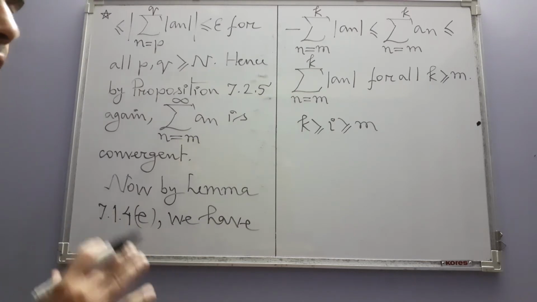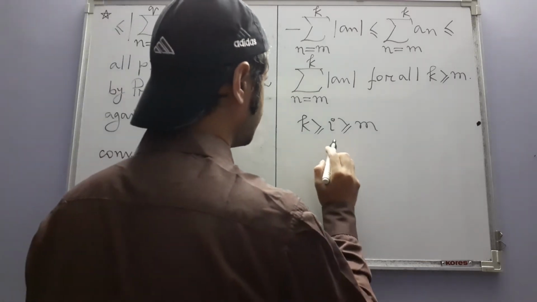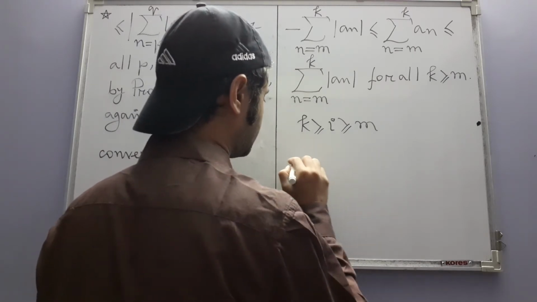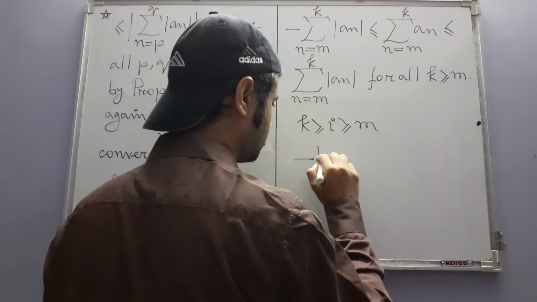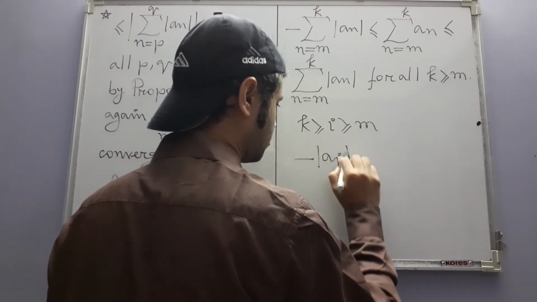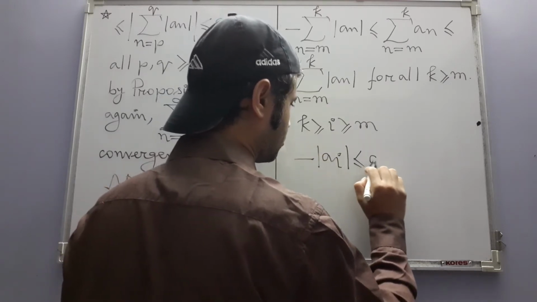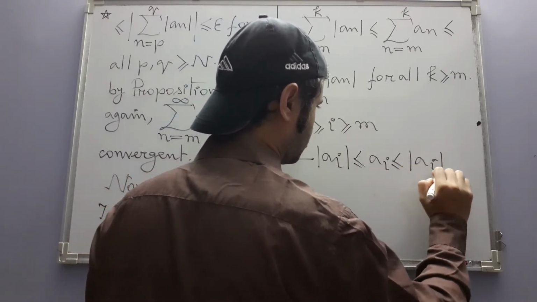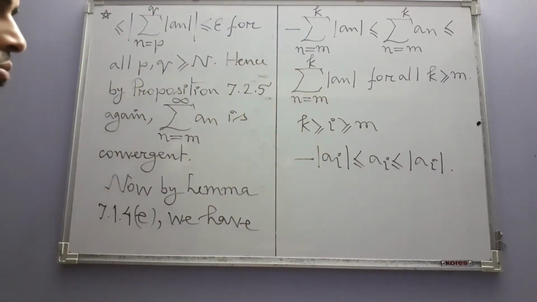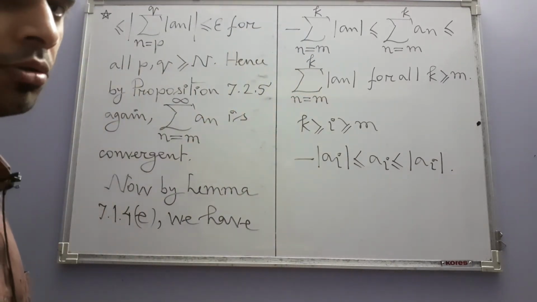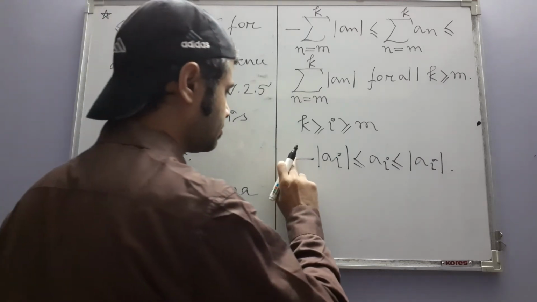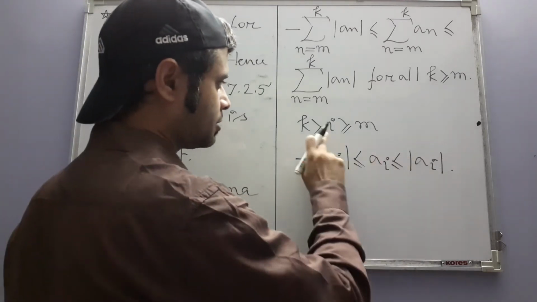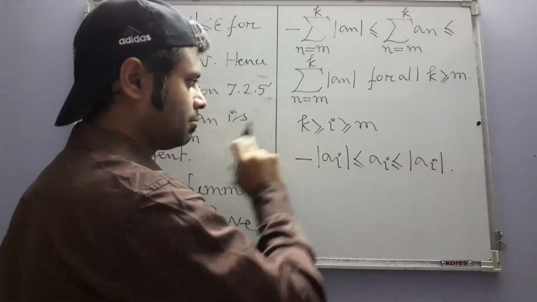For any such integer I or index I, we have these inequalities. Which is something that we already know about real numbers. So you have all these inequalities as I varies from m to k.